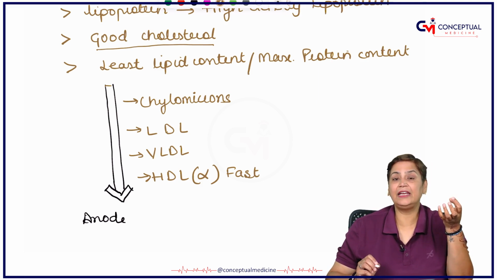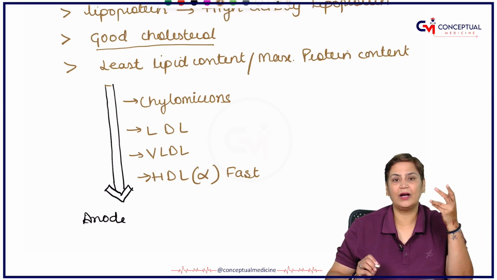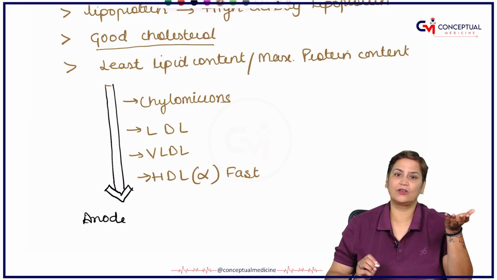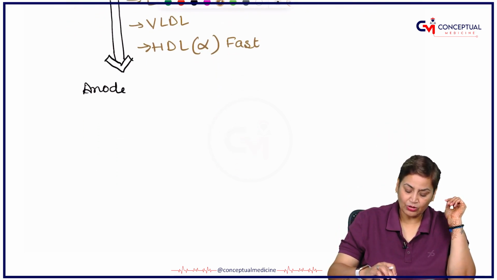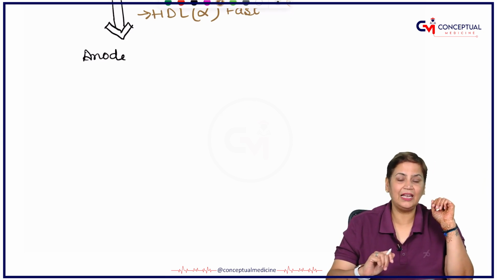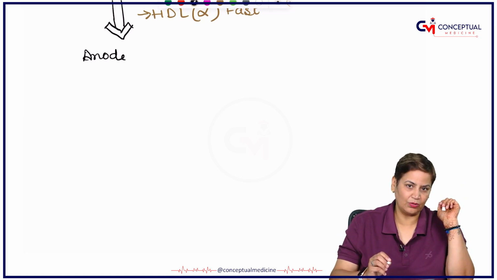So basically it does not let cholesterol be deposited in the extrahepatic tissues, which reduces the risk of atherosclerosis. But now the question is how HDL helps in this process. That is what HDL metabolism is all about.